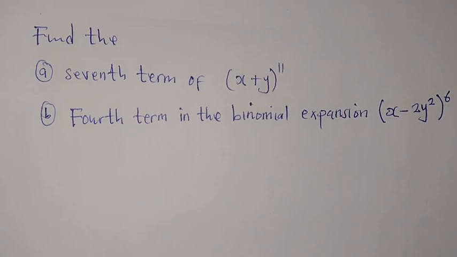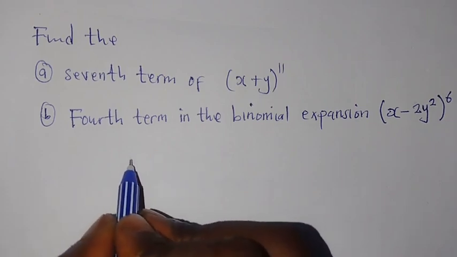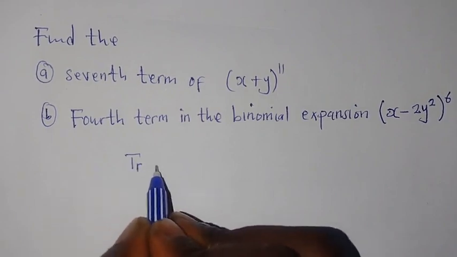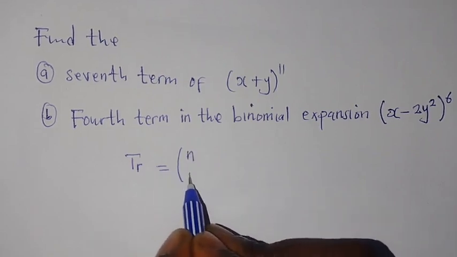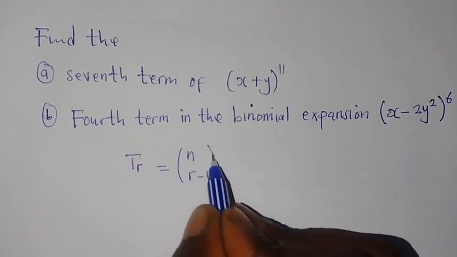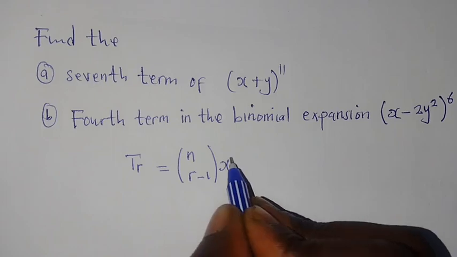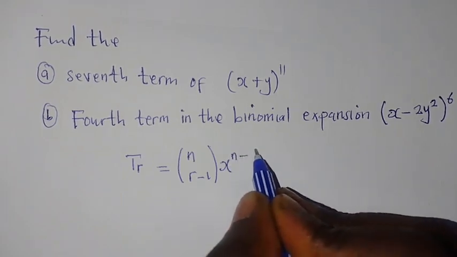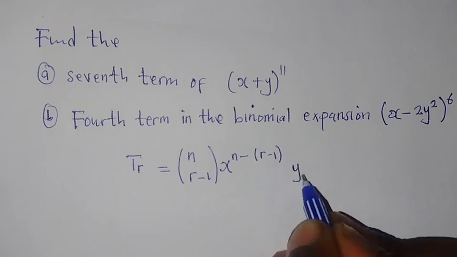that we must know. This formula presents the term equal to n choose r minus 1, then x to the power n minus (r minus 1), then y.